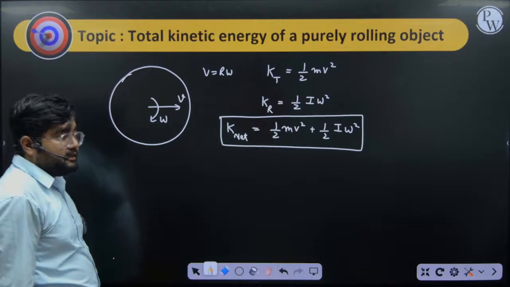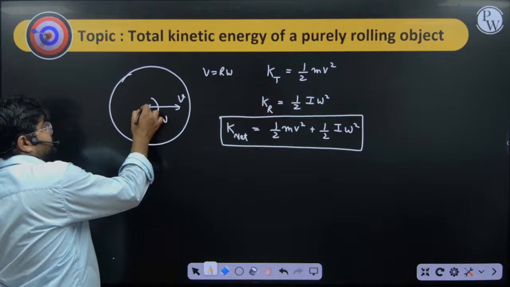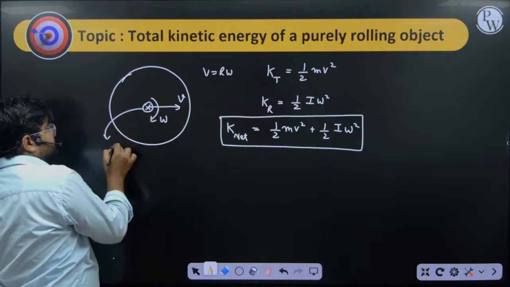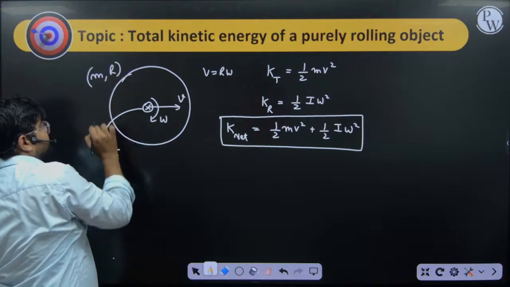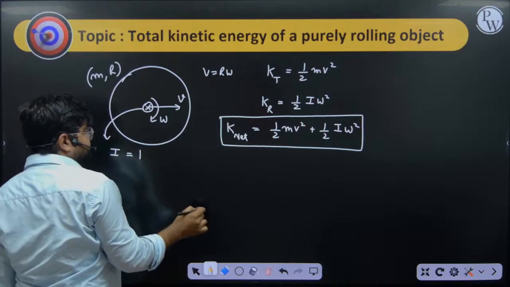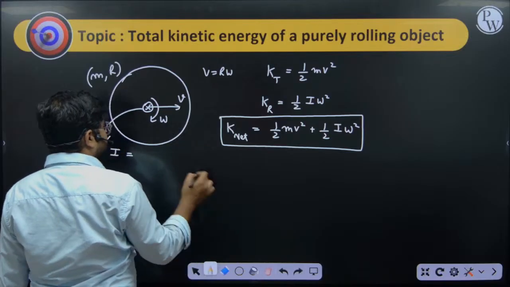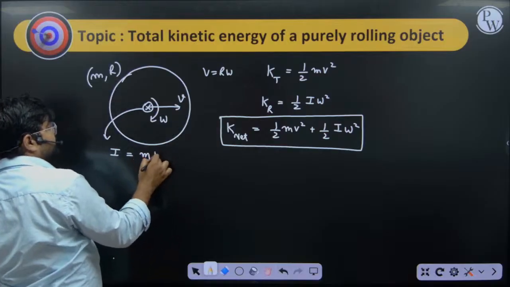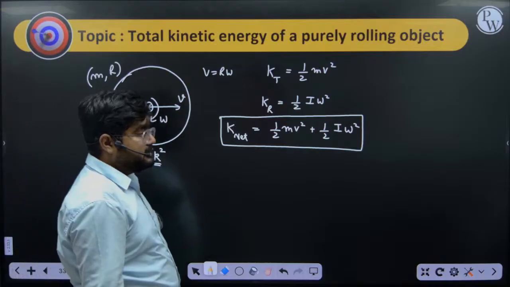However, we can write this in different forms. So let's say about this axis, the moment of inertia, mass and radius. Moment of inertia is written as mk square, where k is the radius of gyration.